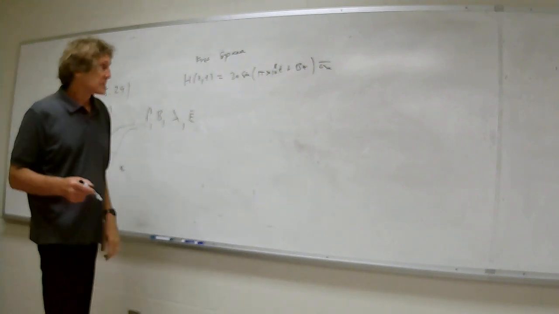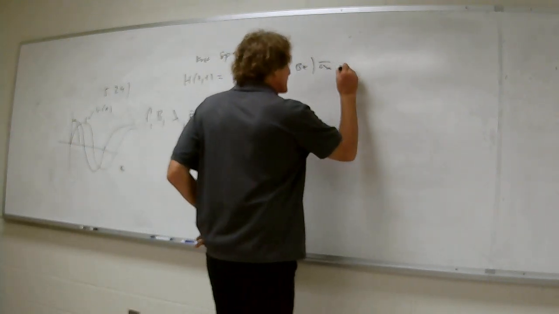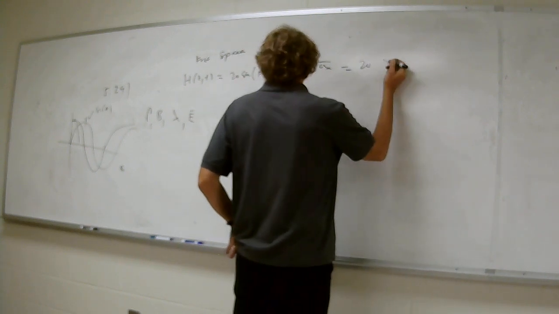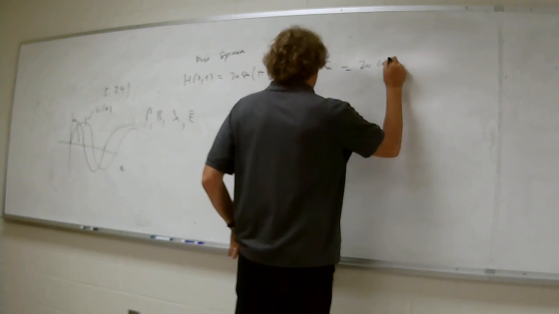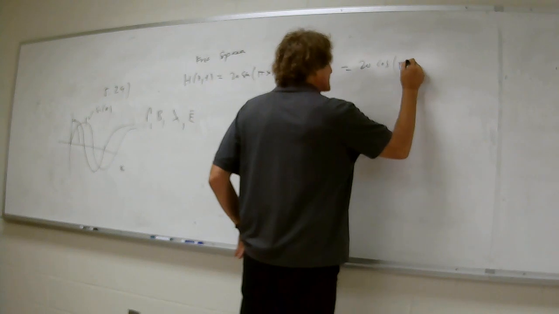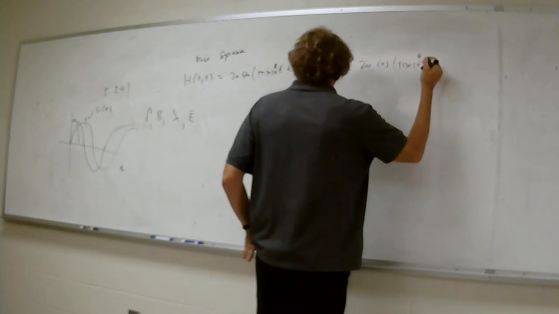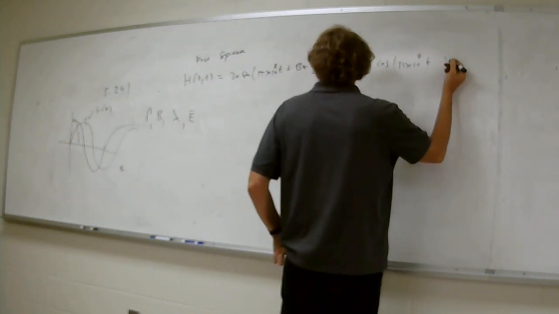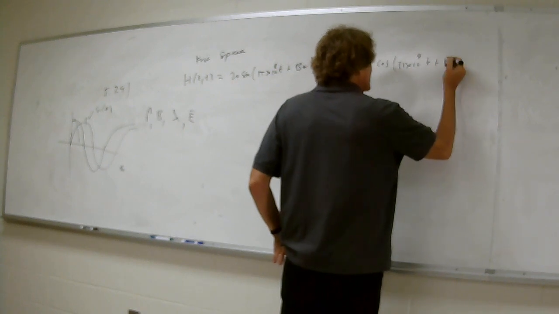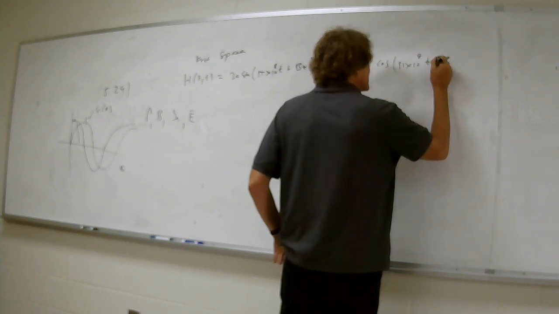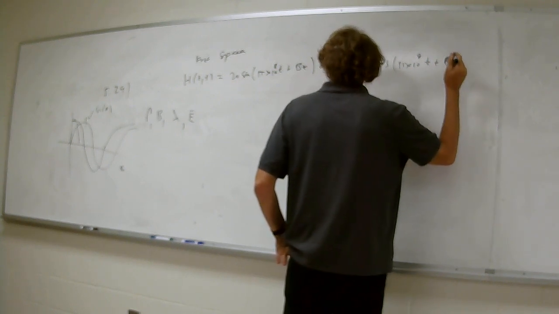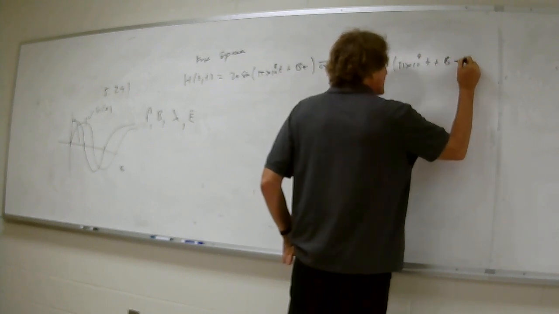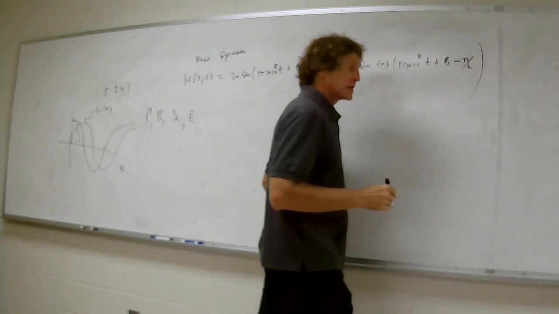Right there. So this is equal to 20 times cosine of pi times 10 to the 8 t plus beta z, minus pi over 2 radians, and it's still ax.